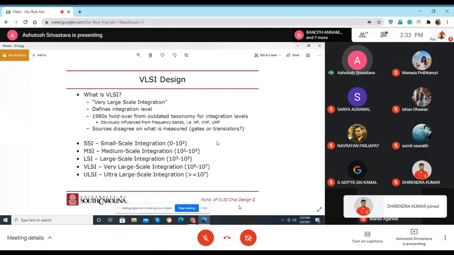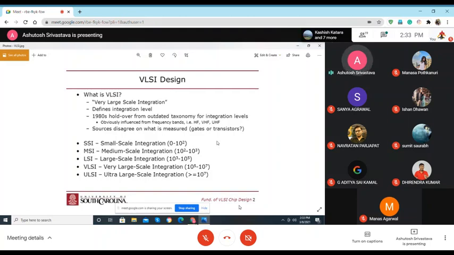So if your transistor size is going smaller and smaller, you can have density going higher and higher. This is exclusively for digital IC design. This is the starting point, and it all boils down to your transistor.